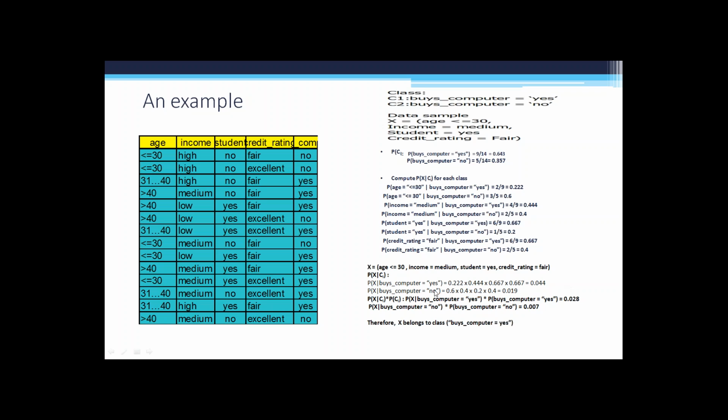Same way we do for the other class. But now we look at the probability of this particular data item occurring.